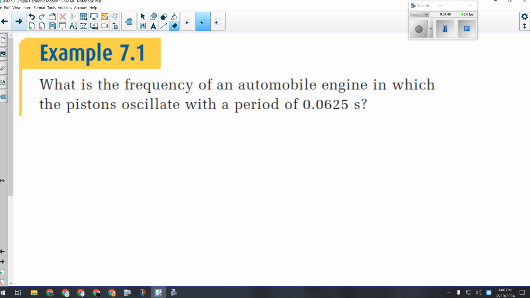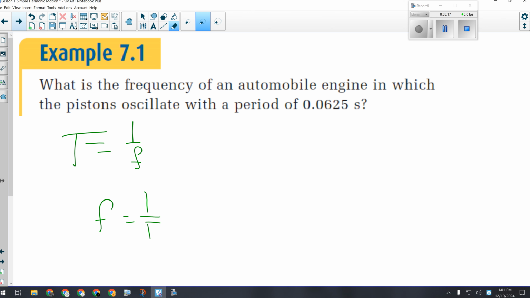We haven't talked about this for a while. This question gives you the period of something and wants you to find the frequency. How do you do that? T is 1 over F, so F is 1 over T. That formula comes up a lot more in Unit 4 than it did in the circular motion unit, so just be aware, that's a formula you're probably going to use quite a bit in this course.